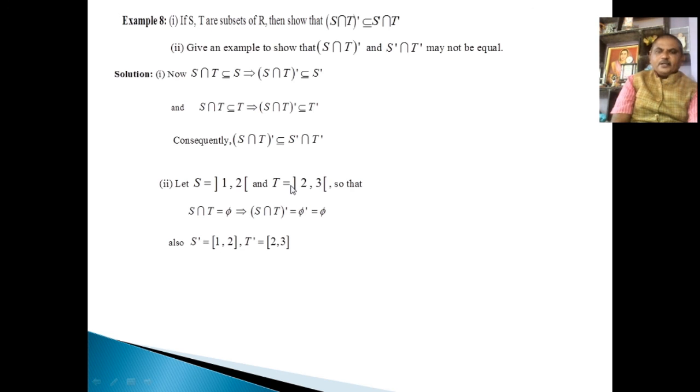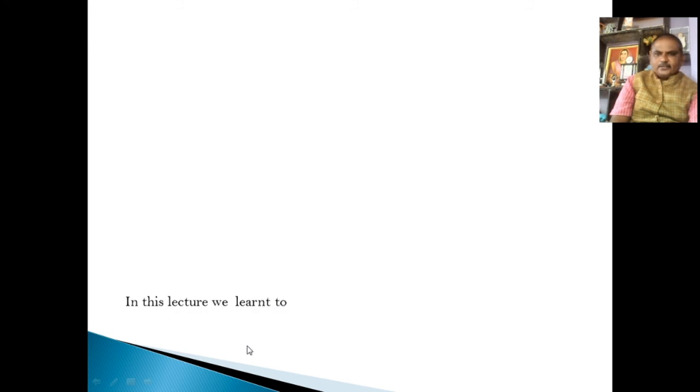Similarly, T' is equal to the closed interval [2, 3], and the intersection of these two sets is equal to {2}. 2 is the common point. This is not empty, but the other is empty. This proves that these two sets may not be equal.